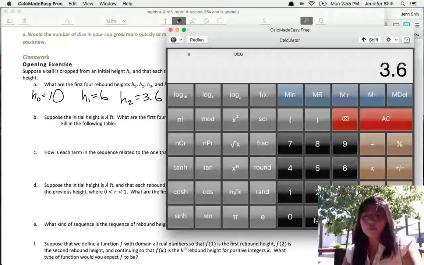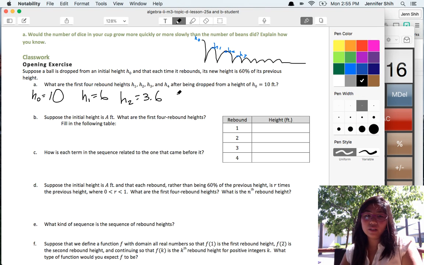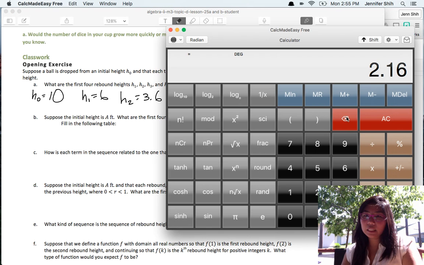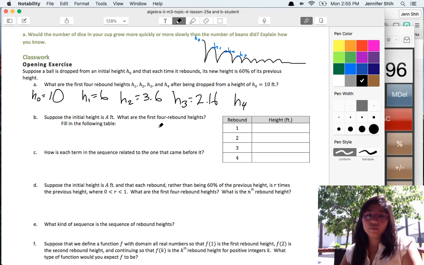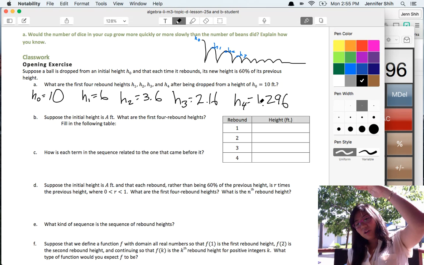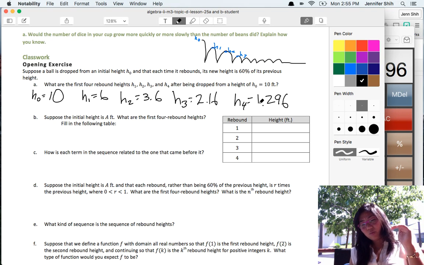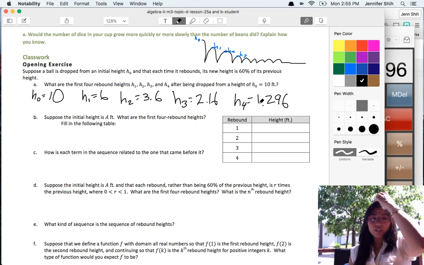And then 60% of that is 2.16. So height 3 is 2.16. And height 4 is 60% of that, times 0.60, 1.296. So those are the heights. We start with 10, 6, 3.6, 2.16, 1.296.